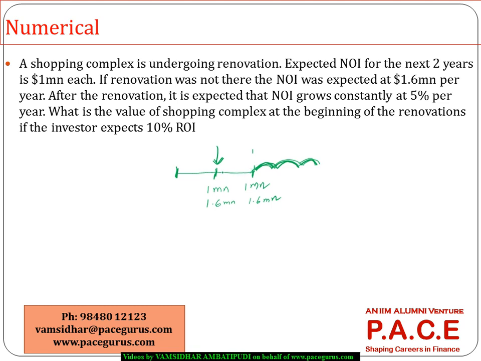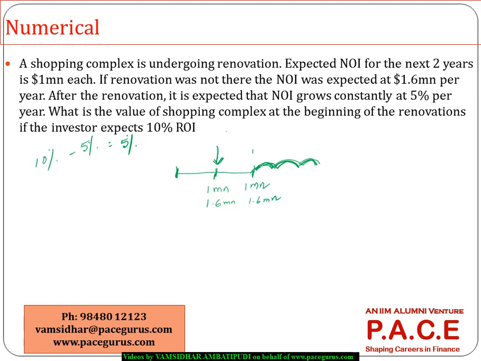Wherever there is a constant NOI growth, the value is the next period NOI divided by the capitalization rate. In this case, the capitalization rate is the required rate of return minus the growth of NOI, so the capitalization rate is 5%.